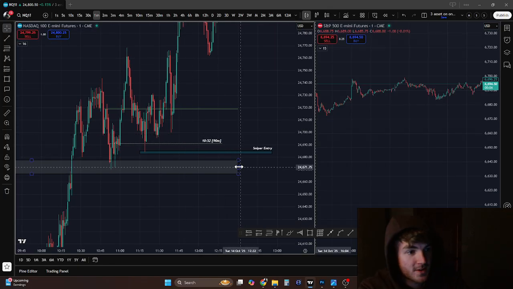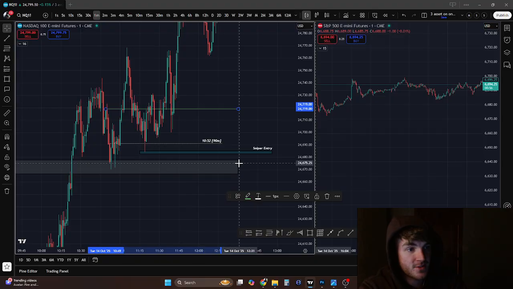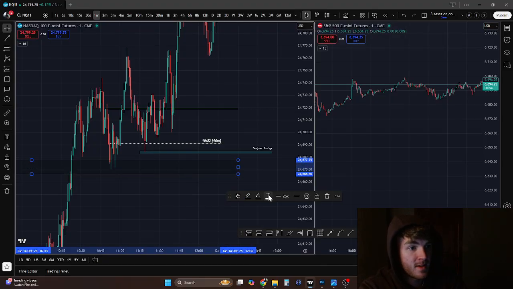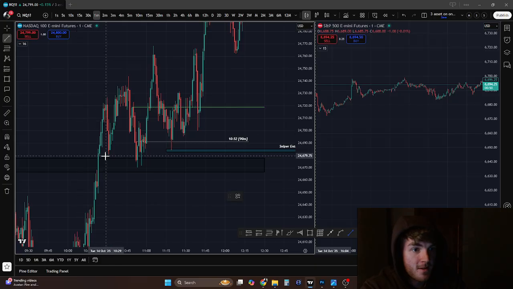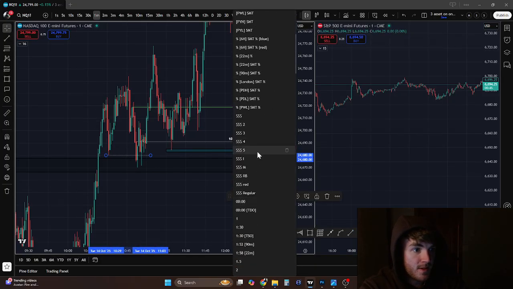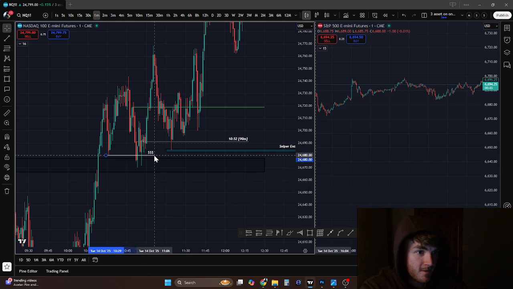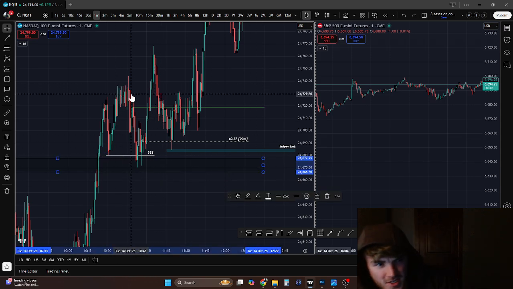So once again, if you don't understand, the normal flow state model is you basically enter on a change of state of delivery retest after using a 15-minute fair value gap. So we hold the 15-minute fair value gap, we get a liquidity sweep into the 15-minute fair value gap, change in state of delivery.